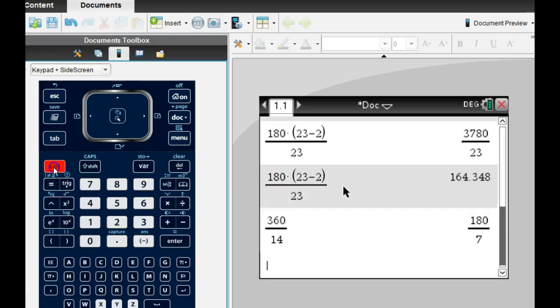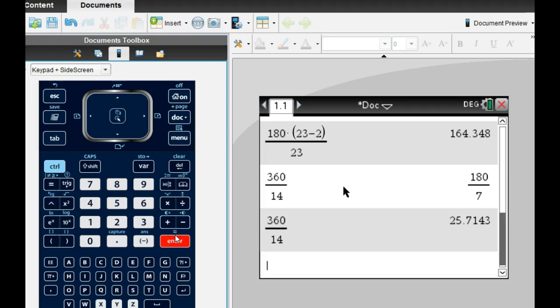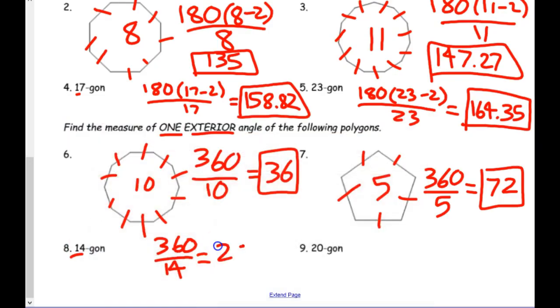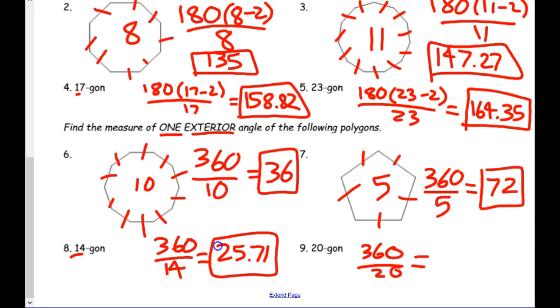We get 25.71. And a 20-gon, 360 divided by 20 should be 18. These are all degrees for one exterior angle. So remember, an exterior is on the outside of a polygon.